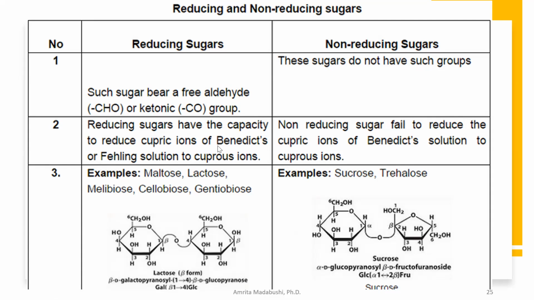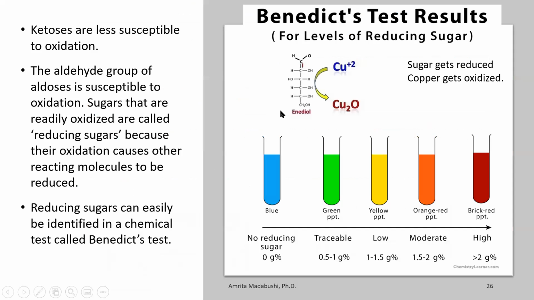We test for reducing sugar with Benedict's solution. I'm sure some of you who have done Bio 102 with other professors might have seen or done those reactions. What happens with a reducing sugar is that the sugar gets oxidized and the copper ion gets reduced, and when the copper is reduced, it becomes red in color.